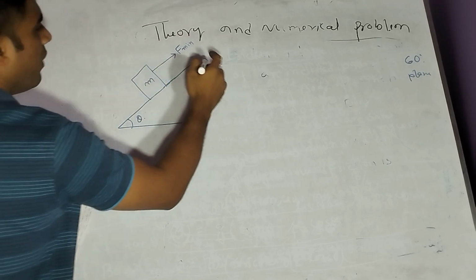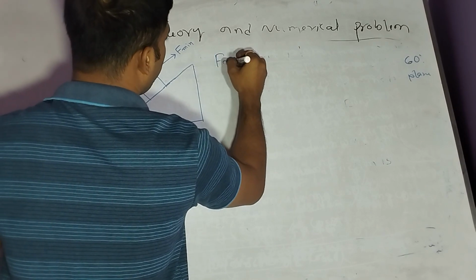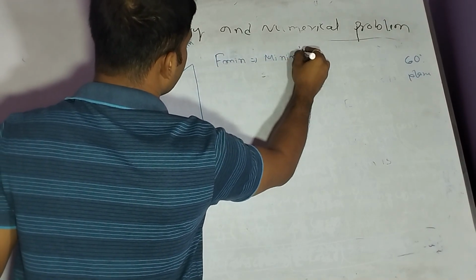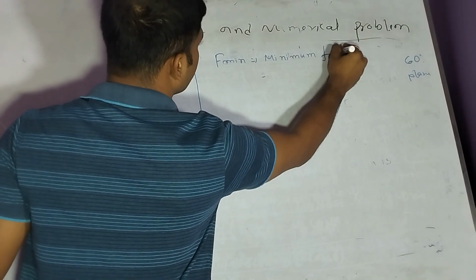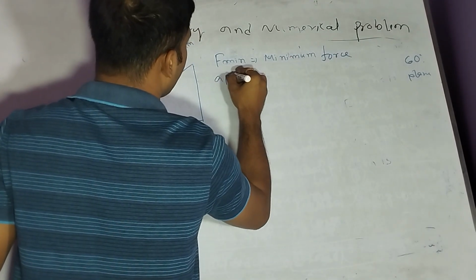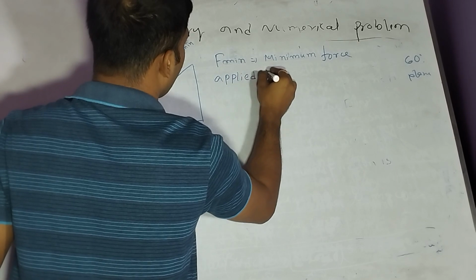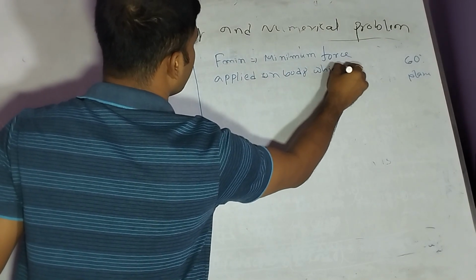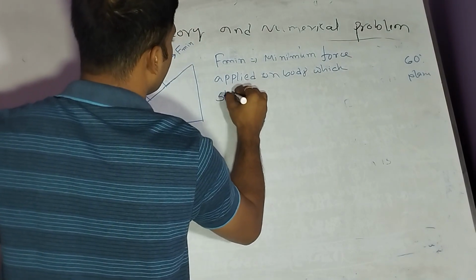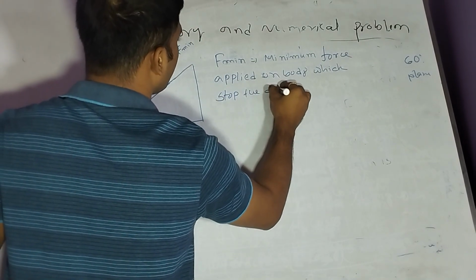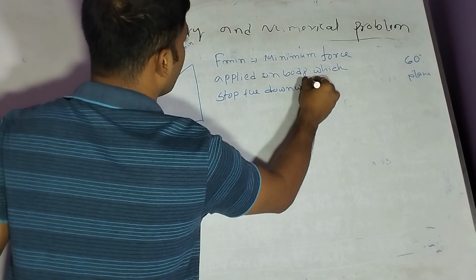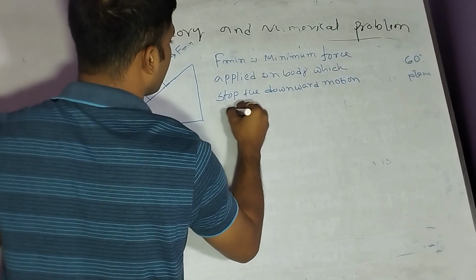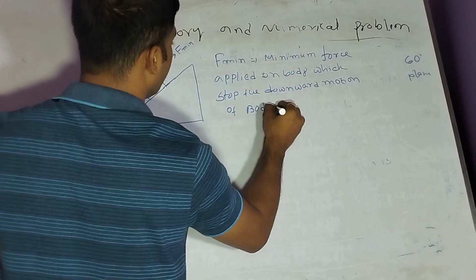F means the minimum force applied on the body which stops the downward motion of the body. This is what F min means.